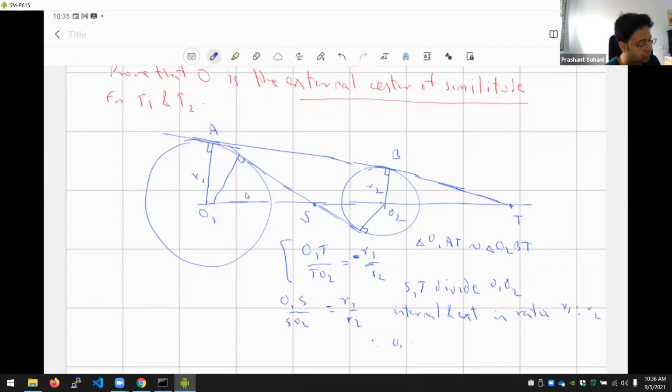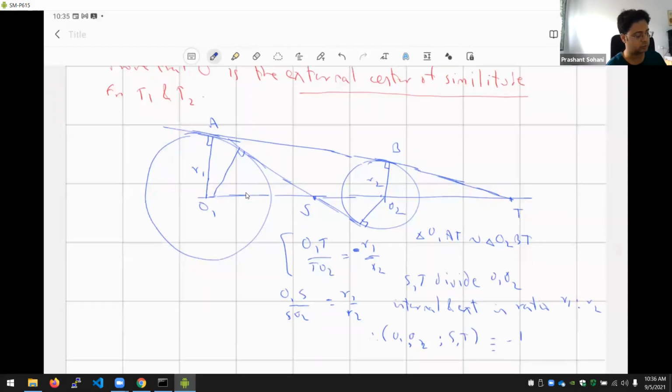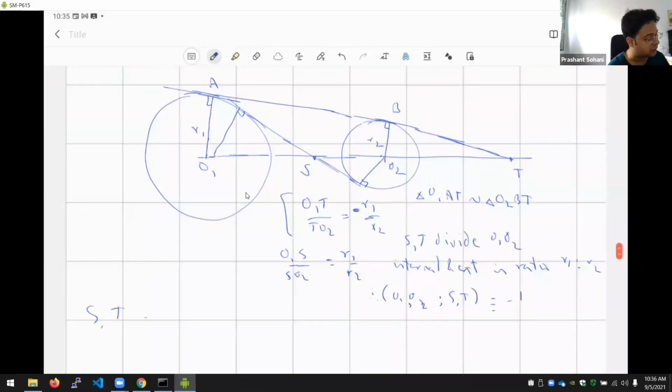Therefore, the points O1, O2 and S, T are harmonic. Okay, so these points S and T are called the centers of similitude of the circles gamma 1 and gamma 2.